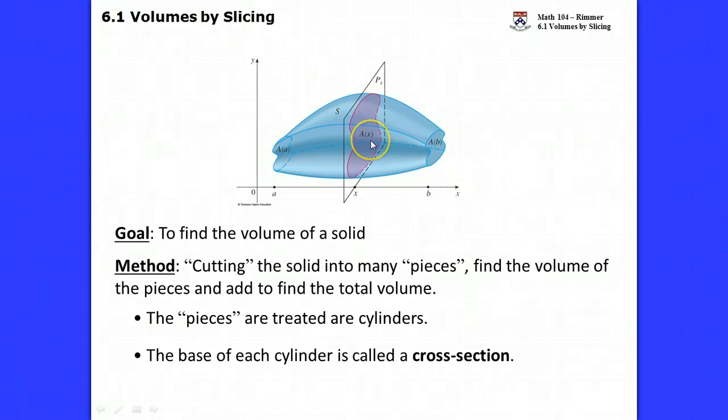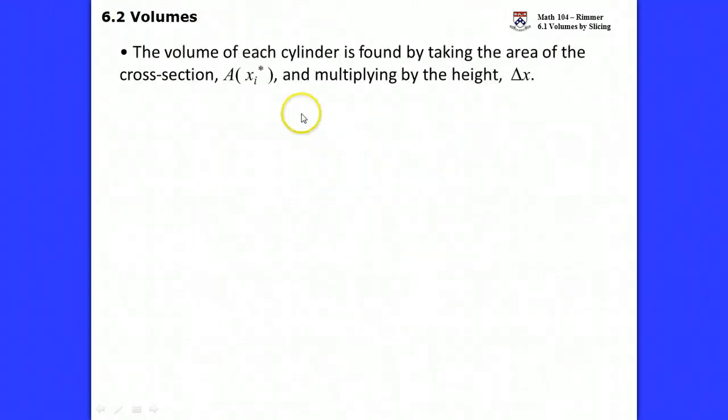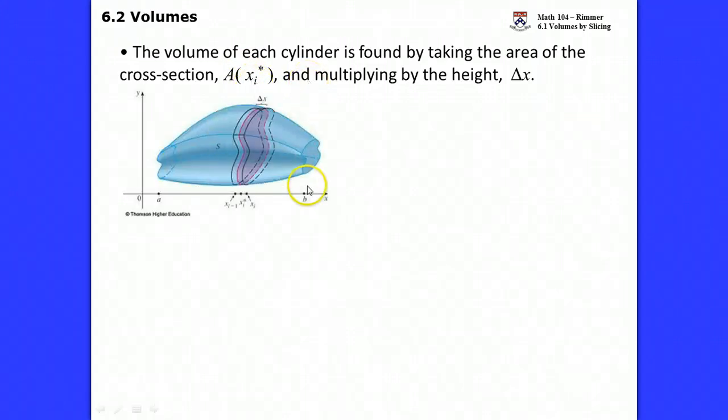Okay, now let's see how we can develop the formula. The volume of each cylinder is going to be found by taking the area of a cross section. So I'll have this formula, and I'll be able to plug in some x value and spit out the area. Okay, let's take a look at the picture.